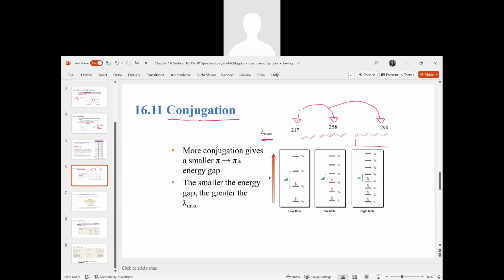We can see that our lambda max for this compound here with 8 pi electrons now has a wavelength of 290 associated with it. More conjugation causes a smaller energy gap, and that's what we're looking at here. Therefore, we know again that relationship is hc over lambda. The lower the amount of energy needed, the larger the wavelength. So lower energy, higher wavelength, and that's exactly what we see above.